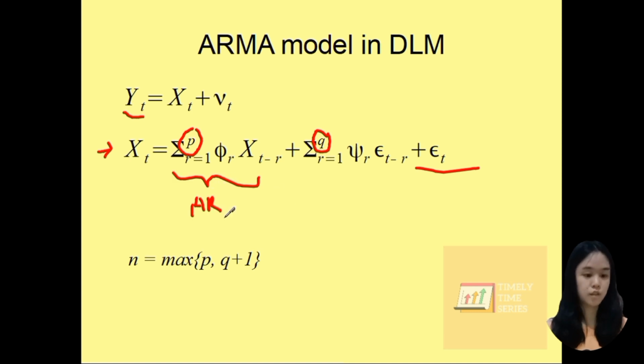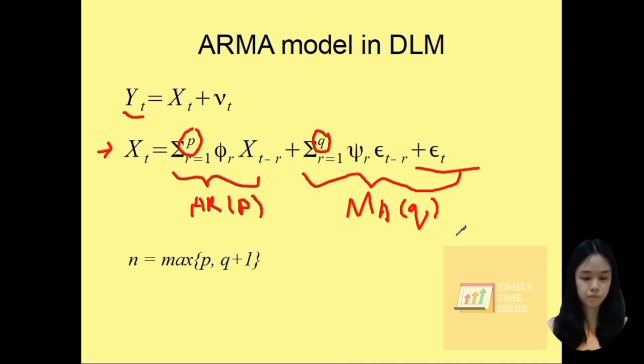So the first term here represents the AR part, or more precisely AR(p). So p is the order of the autoregressive model. And then the second and the third terms represent the MA model, more accurately, MA(q). So yeah, like this.